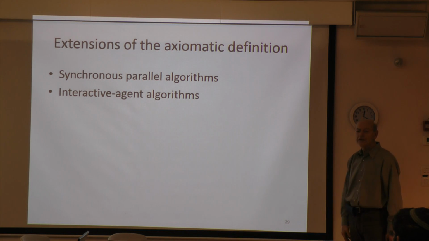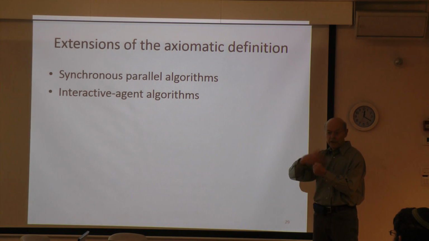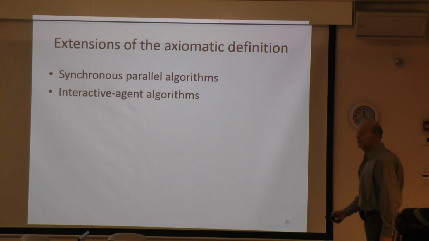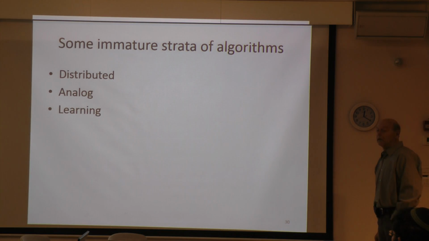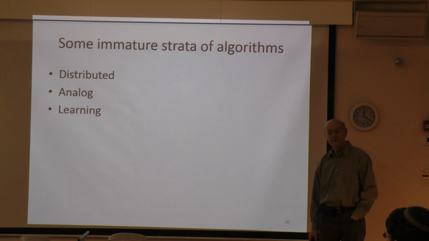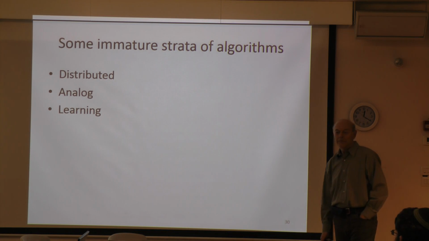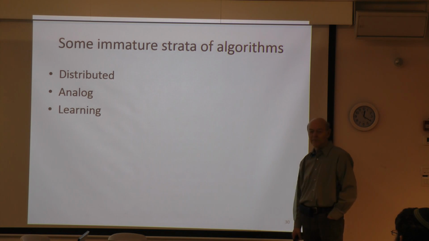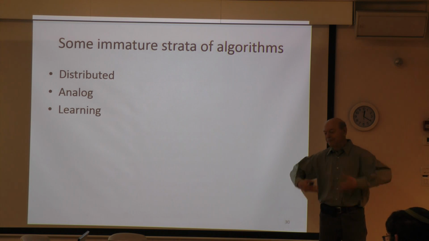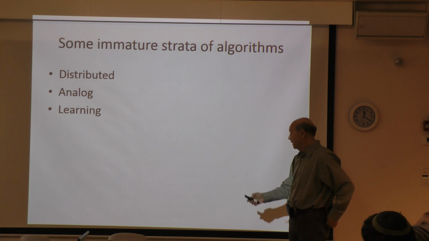Then interactive agent algorithms, where you have an agent which interacts with others. Any such agent is again formalized completely. But as I mentioned, there are other things which have not been formalized and maybe are not formalizable. For example, the distributed case; I have some ideas of why it's maybe not formalizable. Not everything you want to formalize is formalizable. And that's it.